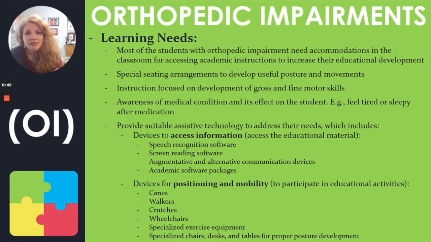So provide suitable assistive technology to address their needs, which could include devices to access information. So again, remember, orthopedic impairments is anything that impairs their ability to walk, to move, or to speak. Some of them could very well have devices that they are amazing at. Stephen Hawking, if you think about how amazing his brain was, but how his body was just shutting down, he had ALS.